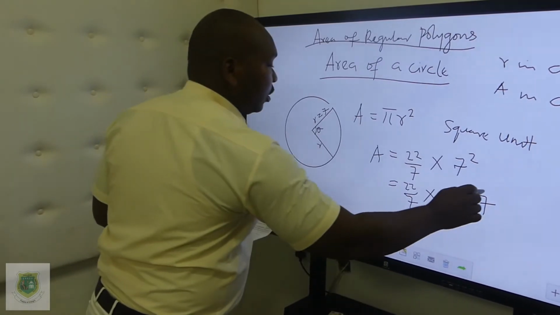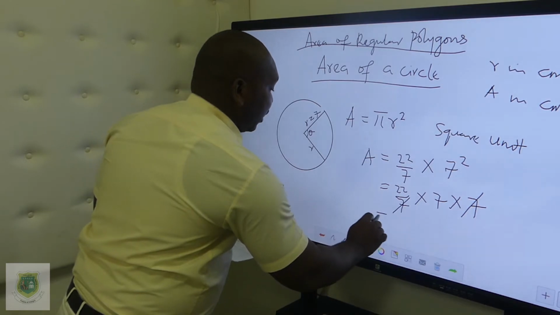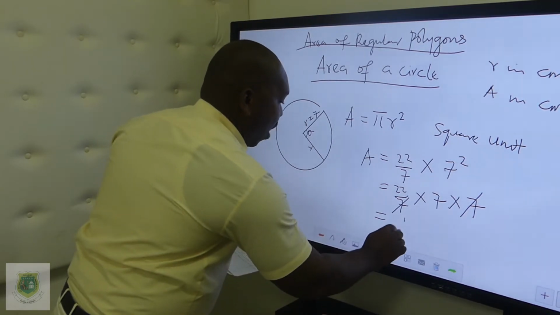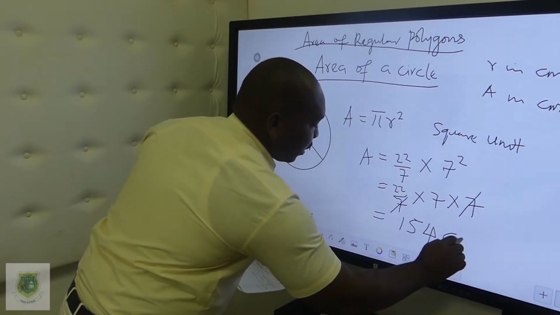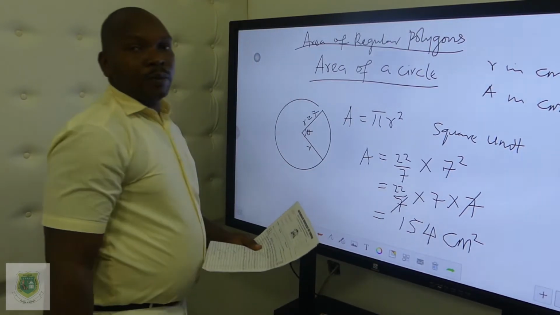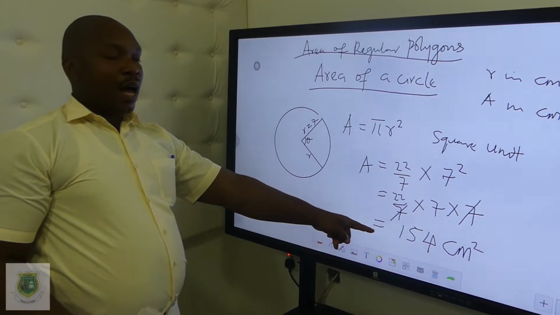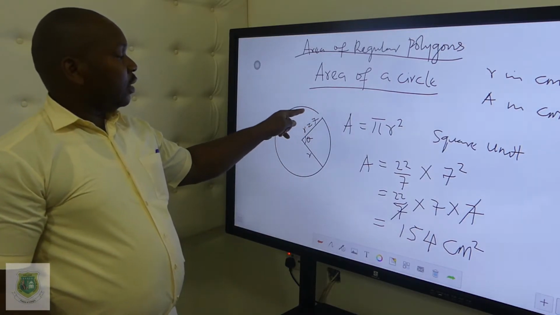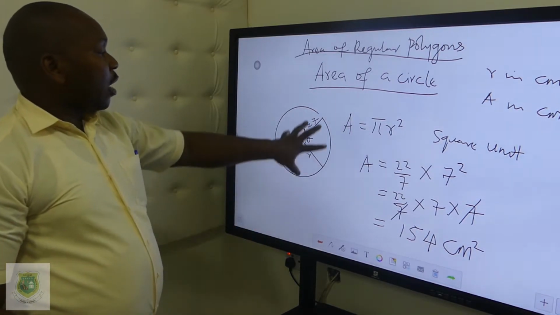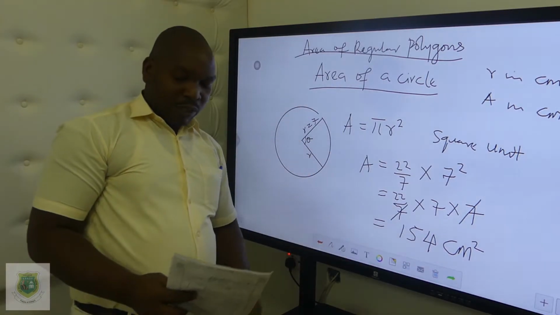Then if I cancel this, then 22 times 7 now is what? 154 centimeter square. Are you there? 154 centimeter square. I hope you are following. So if the radius of this circle is 7 centimeters, the area of this circle is 154 centimeter square.